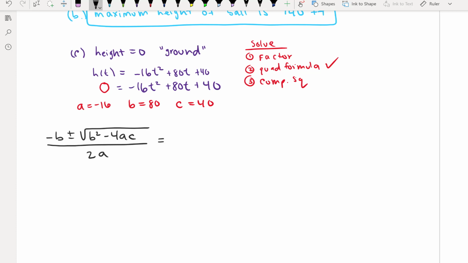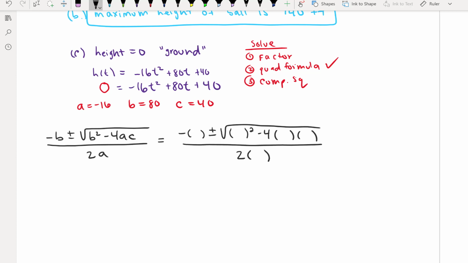So I'm going to plug that into my equation. I have negative parentheses plus or minus the square root of B squared minus 4 times A times C all over 2 times my A value.